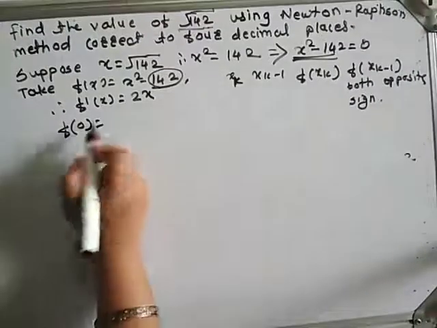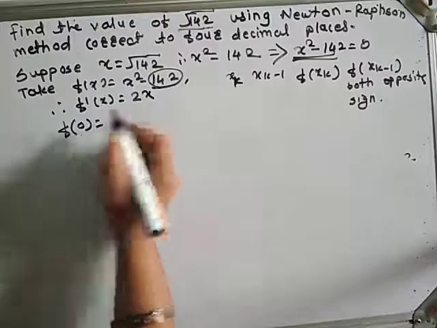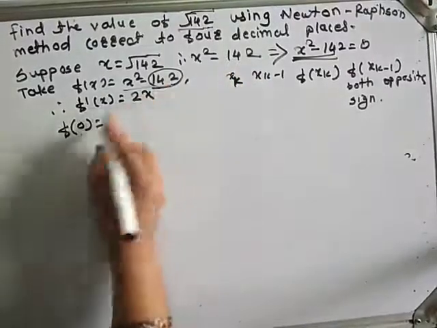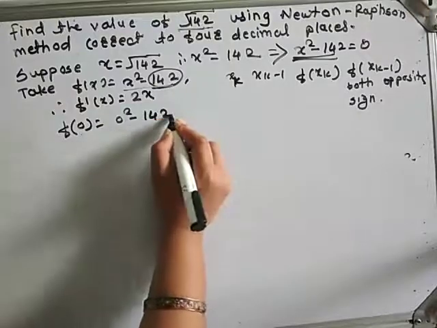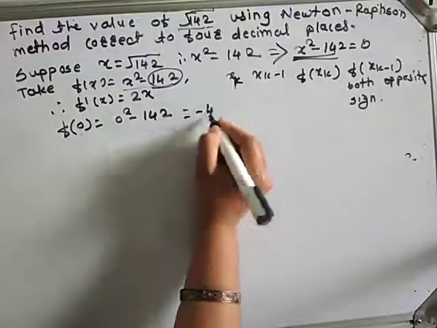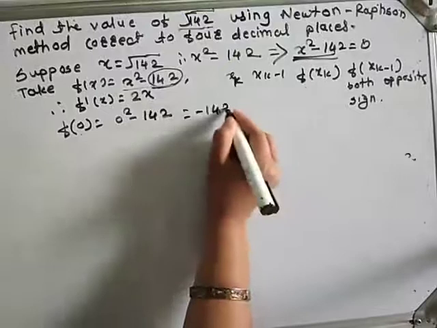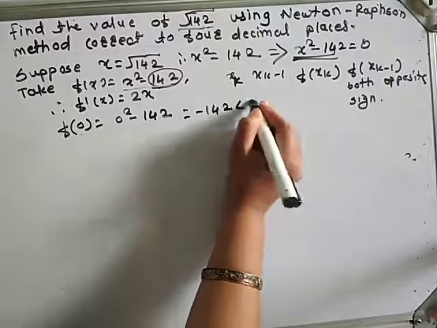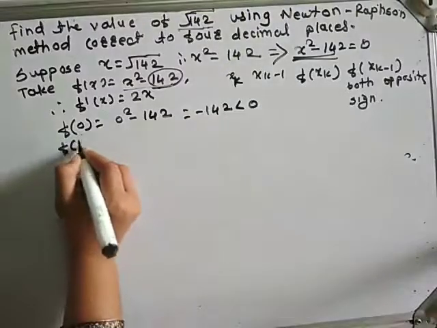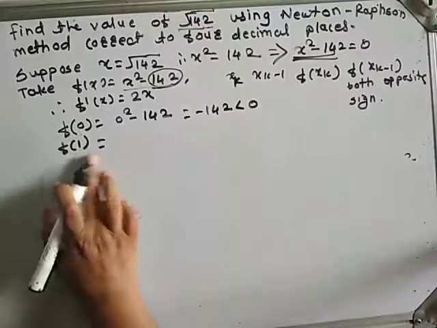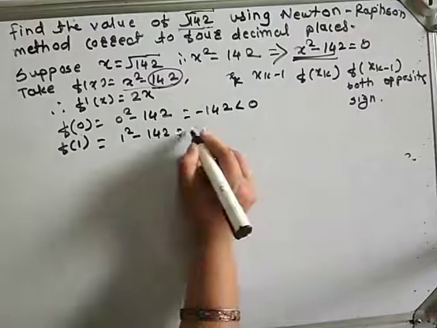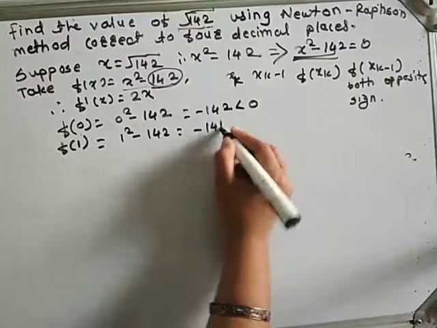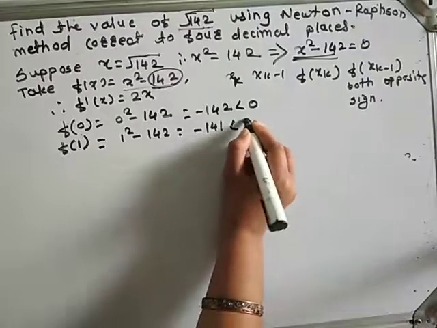Suppose we put x is equal to 0 in this equation, we get 0 square minus 142, which is equal to minus 142, which is less than 0. Next we calculate f of 1, which is 1 square minus 142, which is equal to minus 141, less than 0.